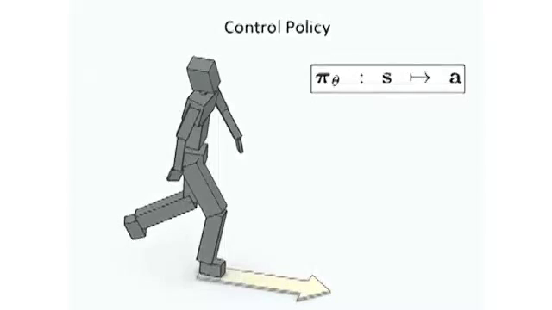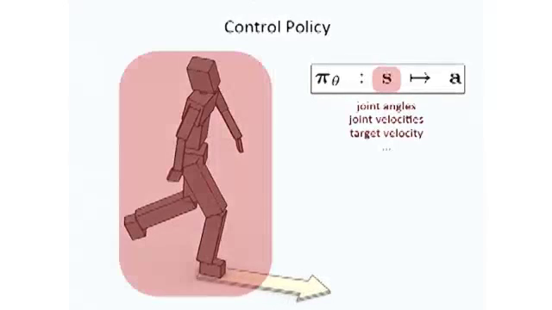Now, the interactive controllers that I'll talk about in our case are going to be represented by control policies. You're probably fairly familiar with this topic, but just to make sure we're on the same page, what I mean by a control policy is some function we'll call pi that has some parameters theta that is going to map the state of our agent, for example, all the joint angles of this bipedal character, the joint angle velocities, and the target velocity that you want this character to walk at.